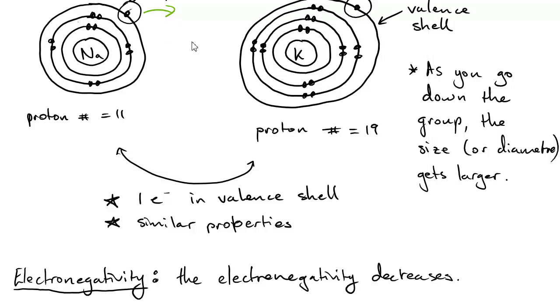Now sodium is actually, compared to potassium, that electron in its valency shell is actually closer towards the nucleus compared to potassium.